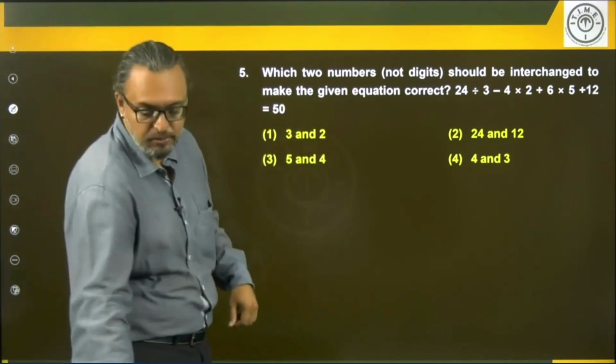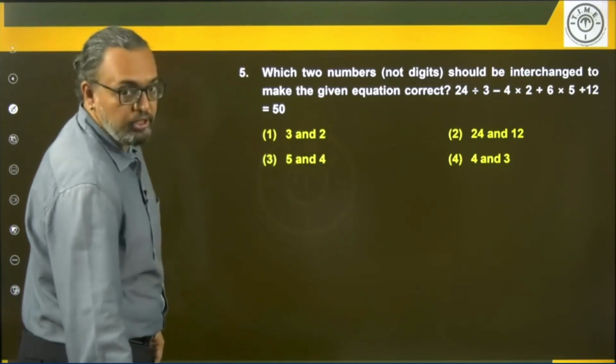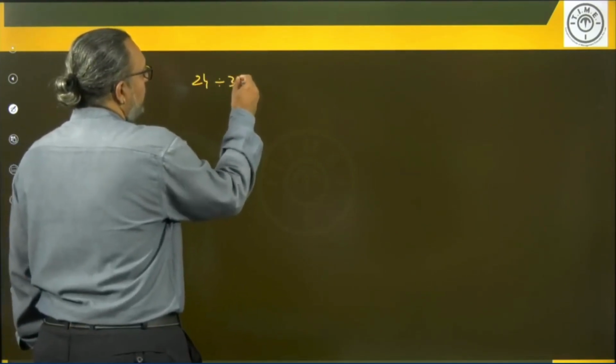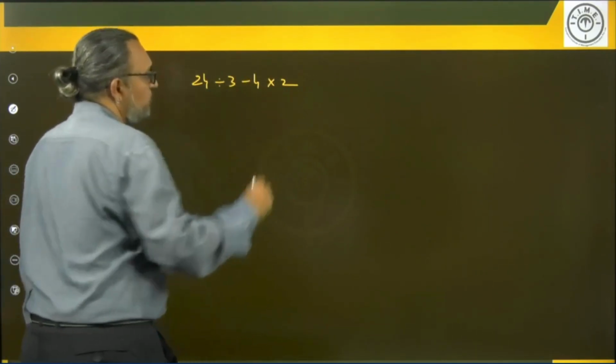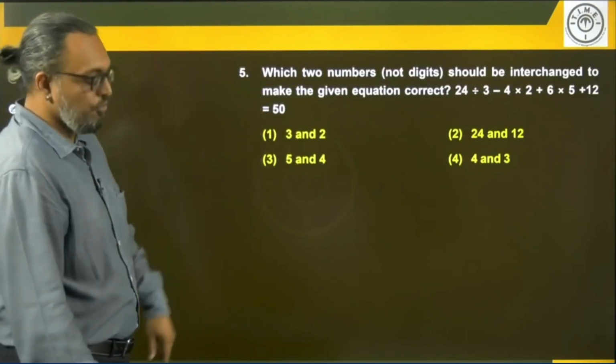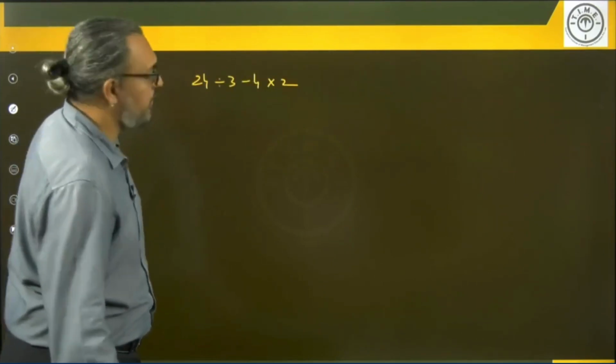So let me take the expression: 24 divided by 3 minus 4 into 2, plus 6 into 5 plus 12.